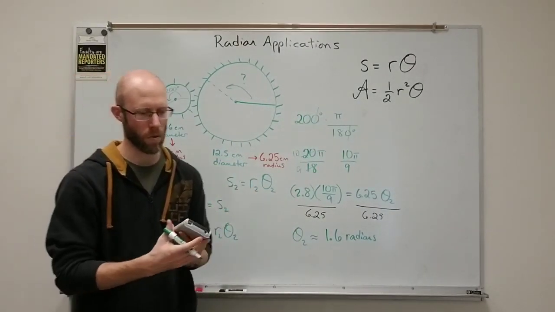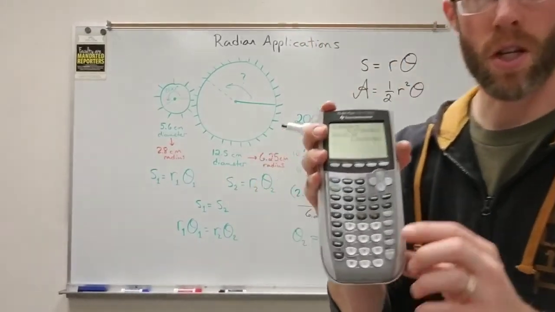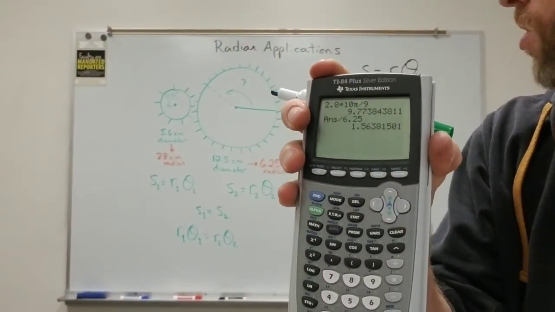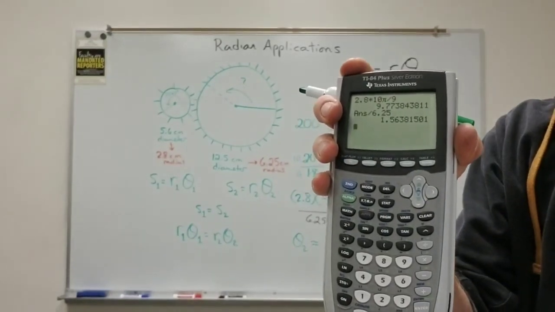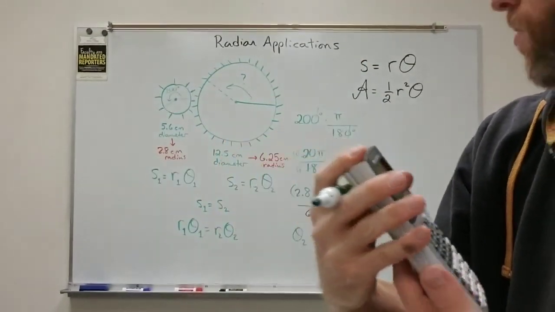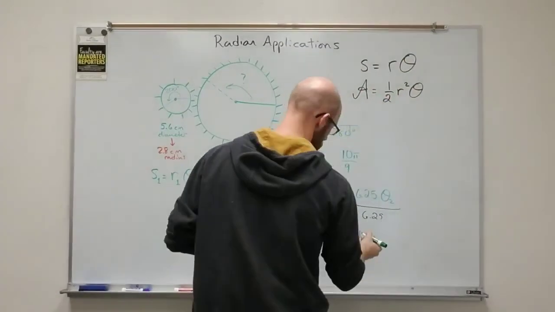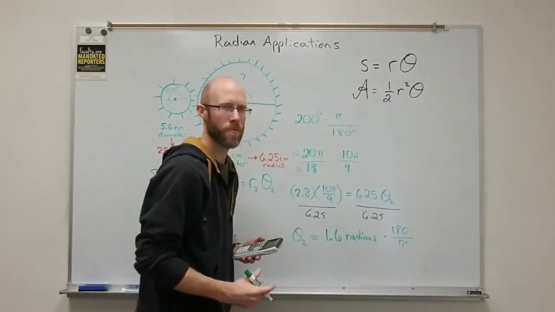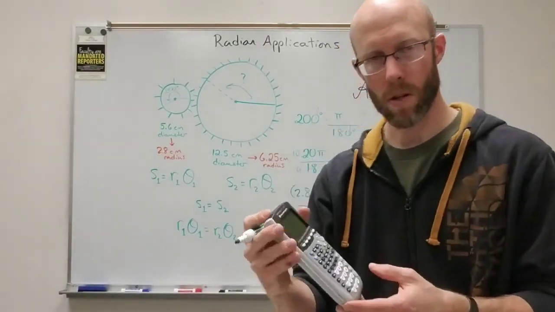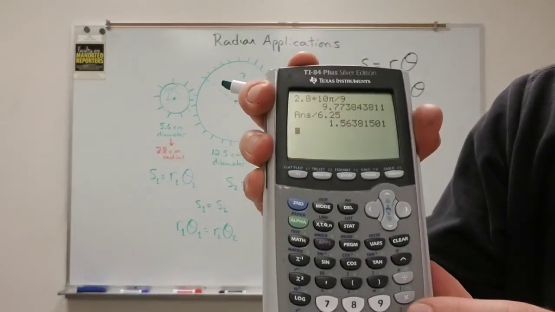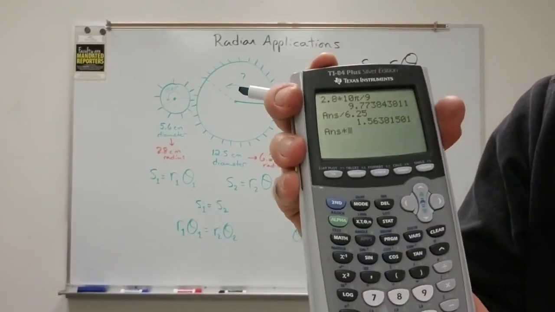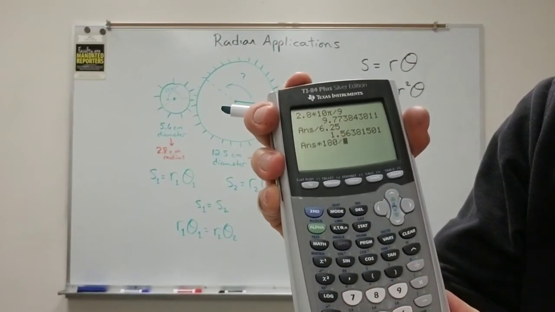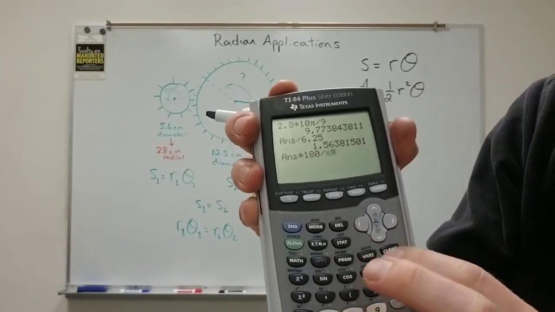Now what I want to do before I clear this out, I'm going to utilize my decimals and convert this back into degrees. Okay, so if I do that, I would have to multiply by 180 over pi. Okay, so that's what I'm going to do. I'm going to hit the times, and then 180 divided by pi.